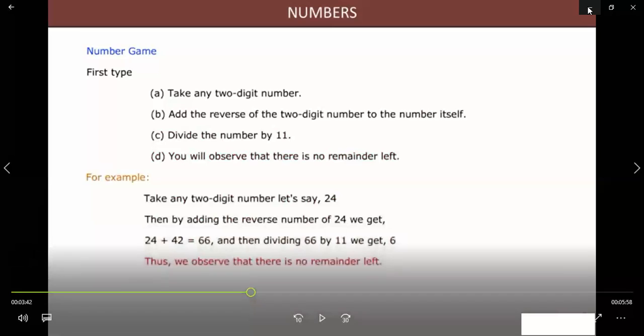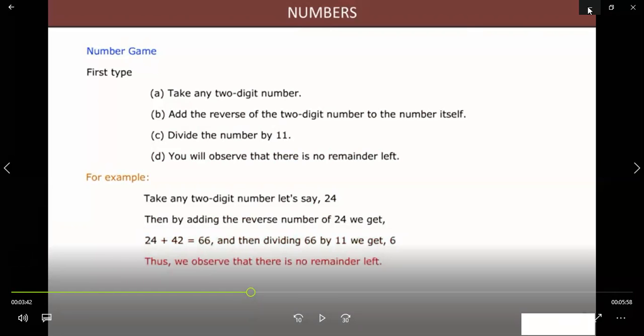Similarly, you can follow the same steps for any two-digit number. For example, let us take 51. After reversing, I'll get 15. So 51 plus 15 is again 66, and divided by 11, we get no remainder.